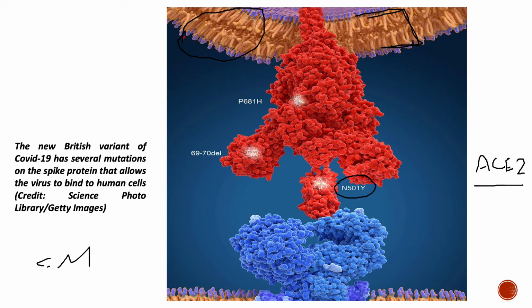So this is the British variant or the UK variant of the coronavirus COVID-19, and you can see here, drawn with a black circle around it, the location of the N501Y mutation in the spike gene and corresponding protein of the coronavirus British variant.